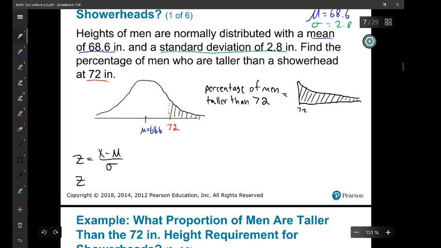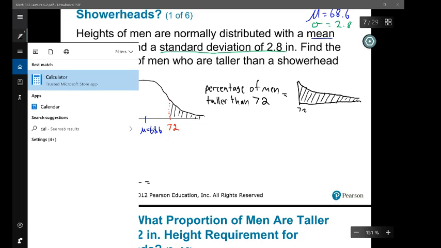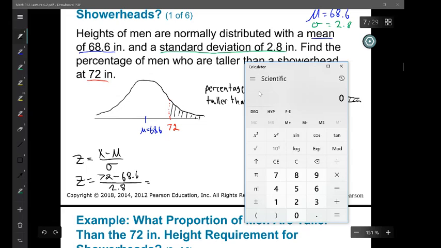So that means the z-score is 72 minus 68.6 over 2.8. So 72 minus 68.6 and divide by 2.8. So a z-score of 1.2143.